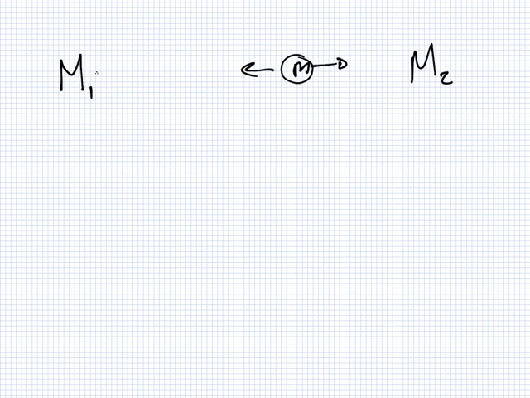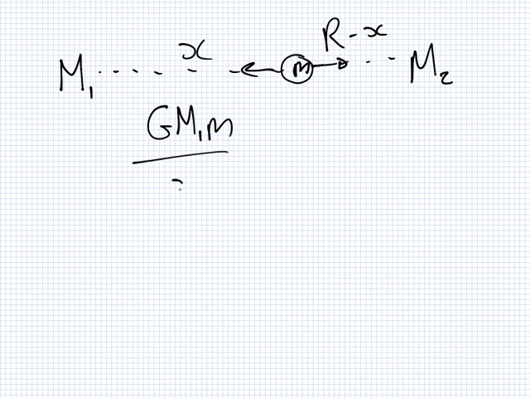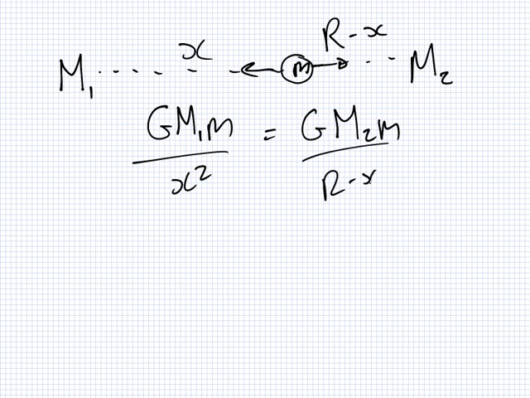Okay? So we'll call this distance x, and we'll call this one here r minus x, where r is the distance between the Earth and the Moon. So we need G M1 m over x squared to equal G M2 m over (r minus x) squared. Cancel, cancel, cancel, cancel.